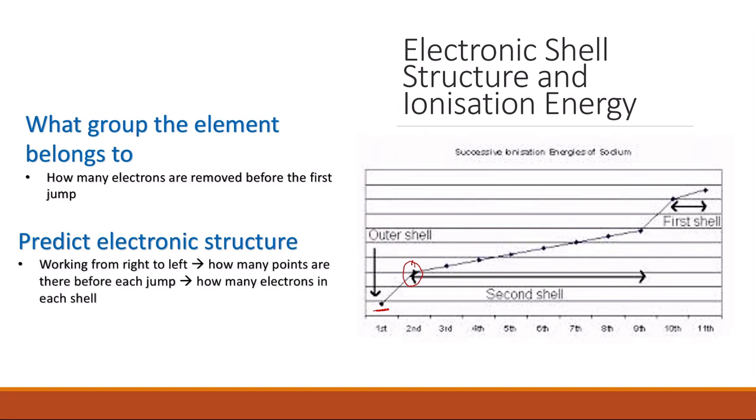We can also get information about the electronic structure. We get this information if we work from the right to the left, and count how many points there are before each jump. For example, here you can see there are 2 points. So this is the first energy shell, and then there is the first jump. Now we're starting with the second shell, and there is no jump here.